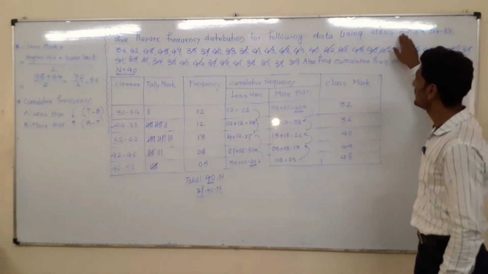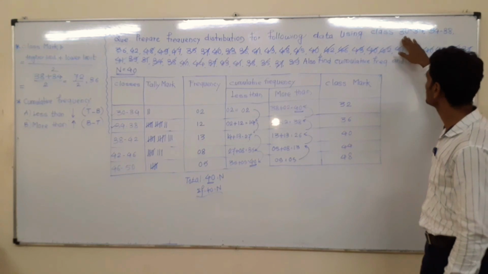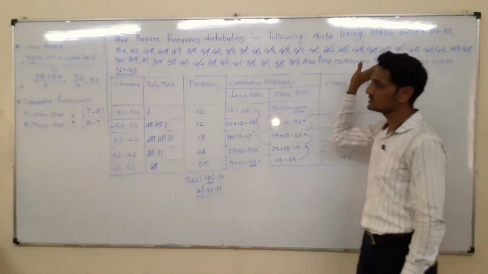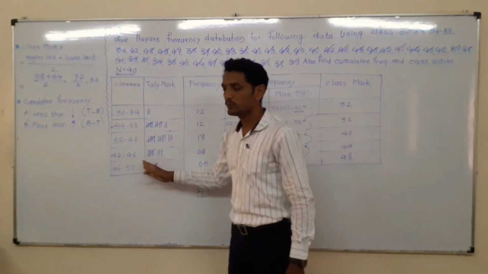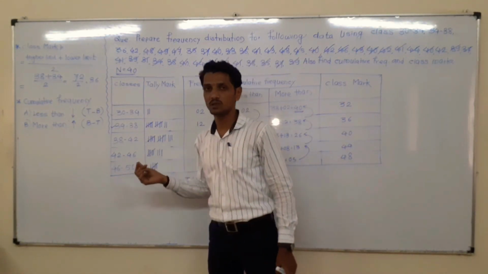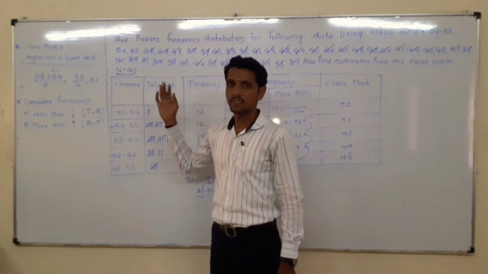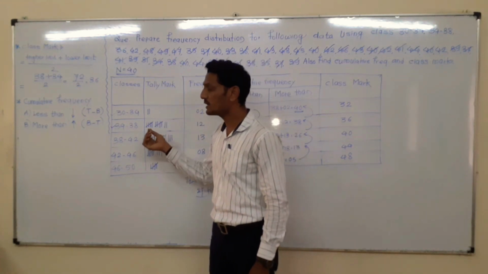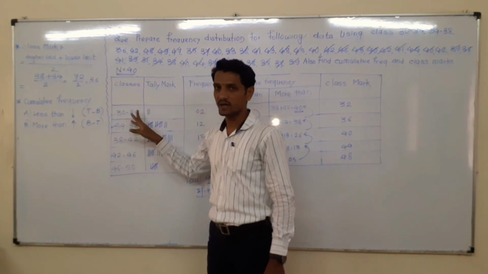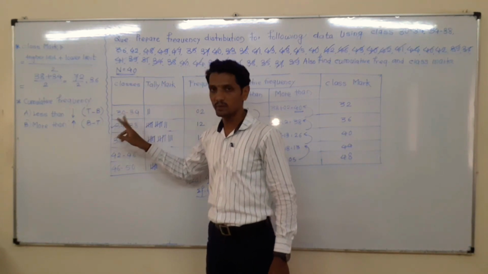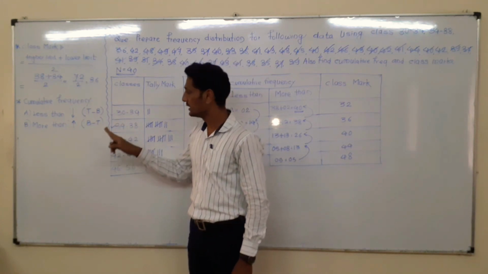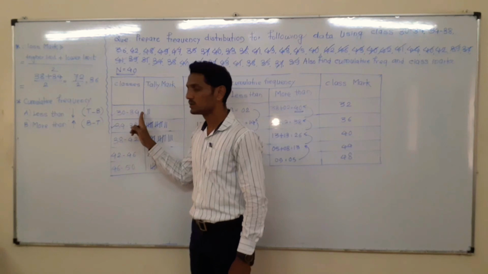Now if they are giving classes like this, 30 to 34, 34 to 38, then we are going to use the same here. If the question is to prepare a frequency distribution for given data with class starting at 30 and the interval is 5 between two limits, that is 30, interval is 5, then 30 plus 5 equal to 35.